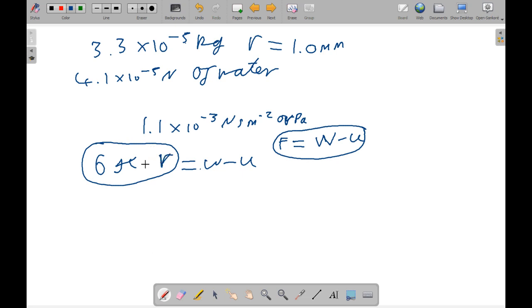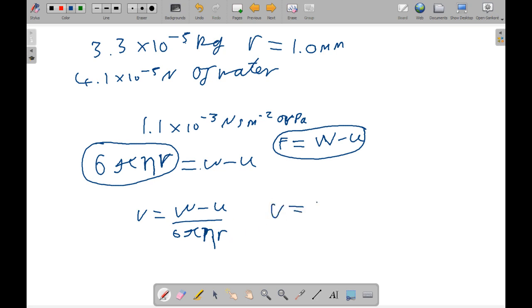So we have an r there, and a long line like that. And V is W minus U all over 6 pi n r.